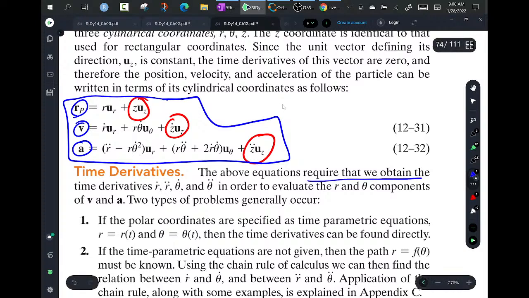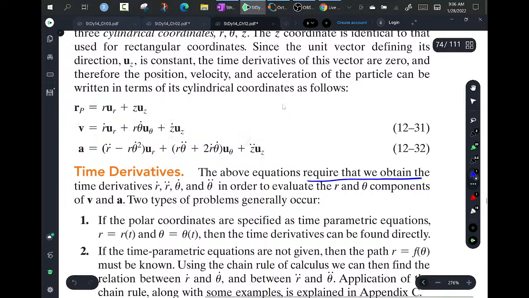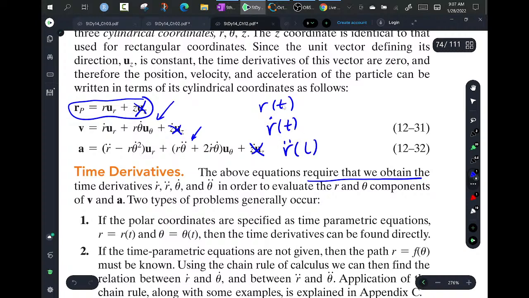The only thing we really need to look at, if someone were to ask us, is that they would probably give us this information, but if you look in these equations, barring that maybe you don't have a z, the only thing you need is r dot, r double dot. So you have r double dot here.